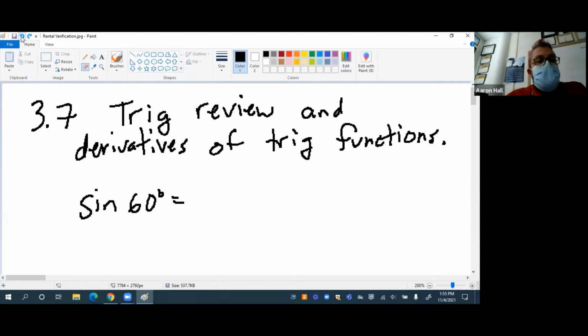So instead of sine of 60 degrees, what's the equivalent to 60 degrees in radians? Sasha, what's equivalent to 60 degrees in radians? Yeah, this is going to be pi over 6. Yep.